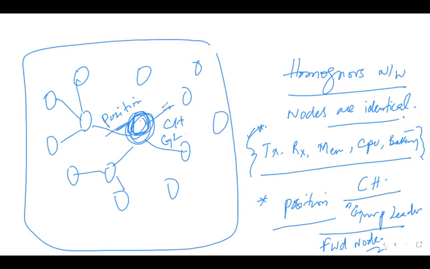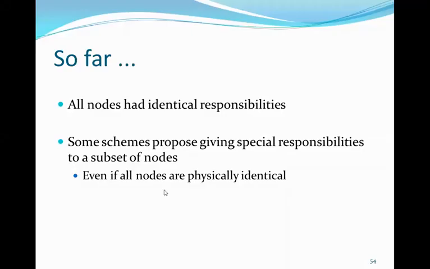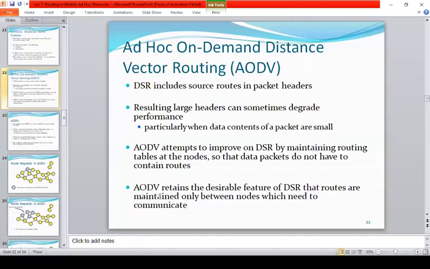So this is the only criterion or characteristic based on which we can decide that this can be the cluster head. So I hope that in an identical network we can still assign some additional responsibilities, some special tasks, to these nodes based on their position and not on their characteristics, because most of our resources are the same.